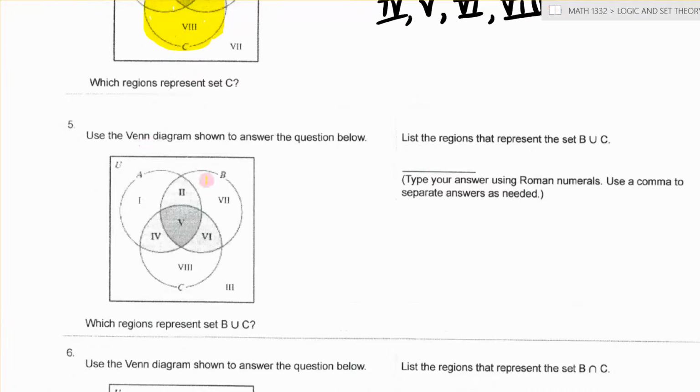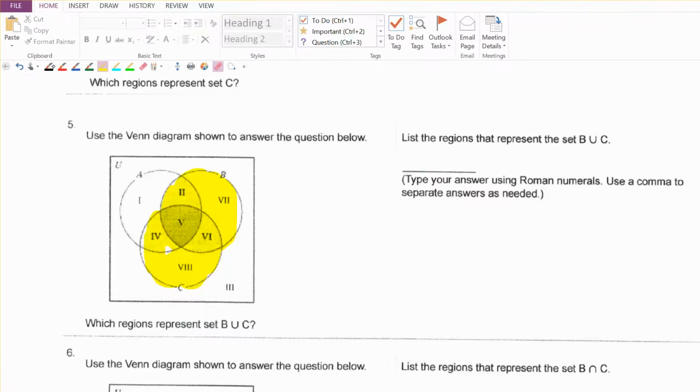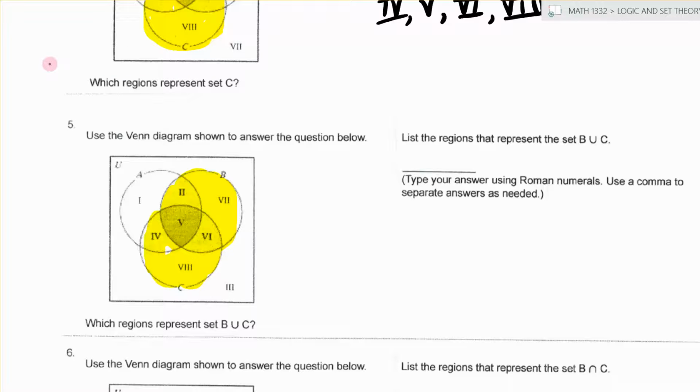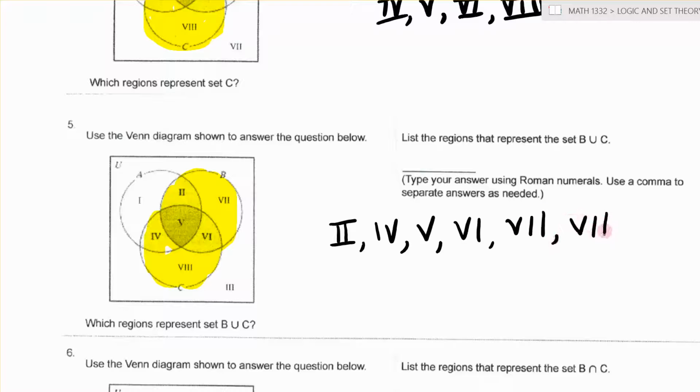B union C, here's B, and union with C. All right, this looks like a picture of B union C. So the regions that represent it, and I guess we could go in any order, I see region 2, not 3, because it's out here, region 4, region 5, region 6, 7, and 8.